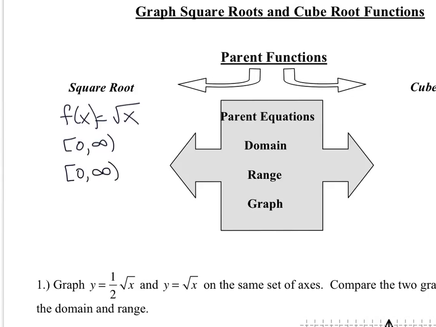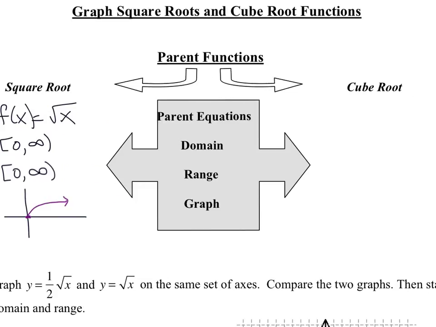And that can be bigger than 0 as well. And then the graph of that, I'm just going to write a little sketch. The graph of a square root will look like that. It looks like half of a quadratic that's sitting on its side because we only have the positive square root of x. We don't have the negative square root of x.